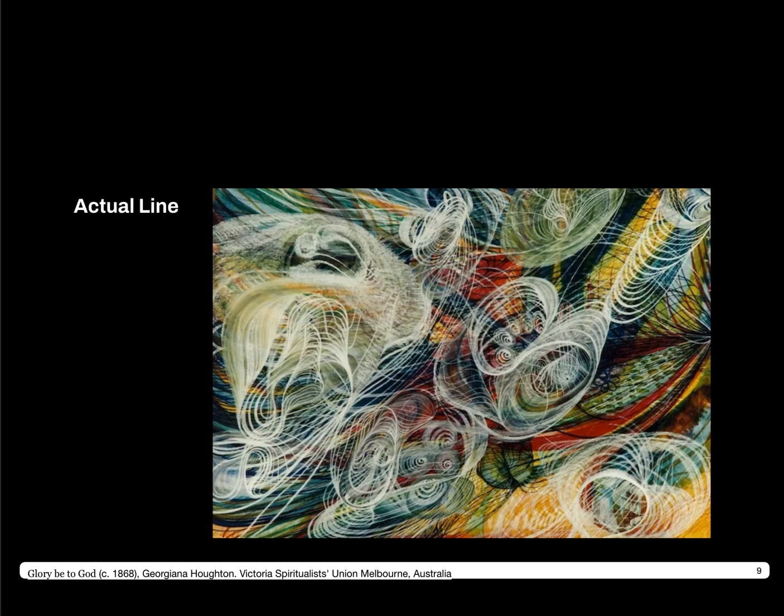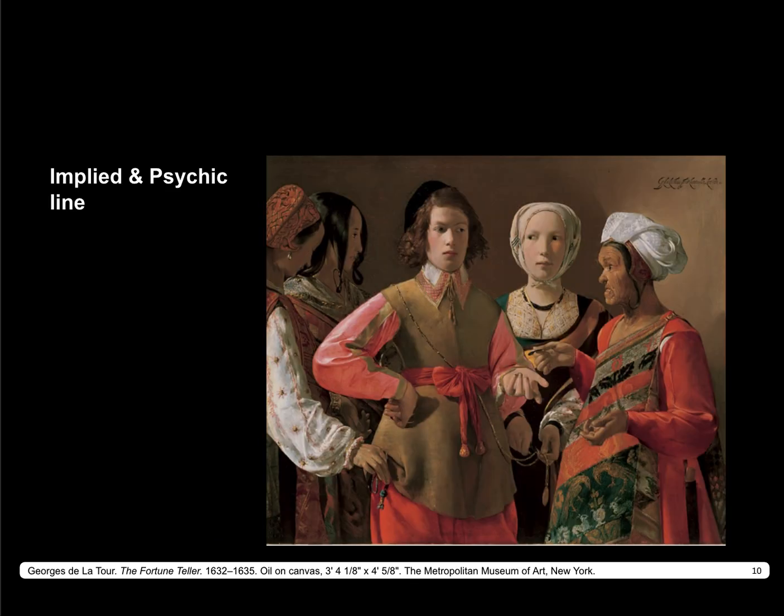Another kind of line I would like to talk about is implied or psychic line. This is something we will definitely talk a little bit more about as we go throughout the semester, because a lot of art pieces have deeper meanings. We're looking at a group of people and they're dressed a certain way, and we can just tell that something is going on.